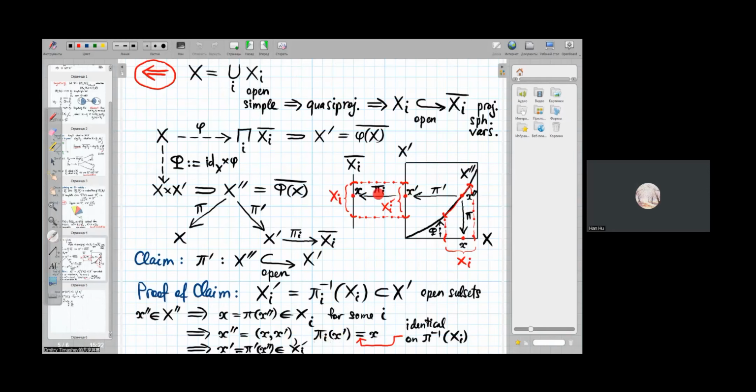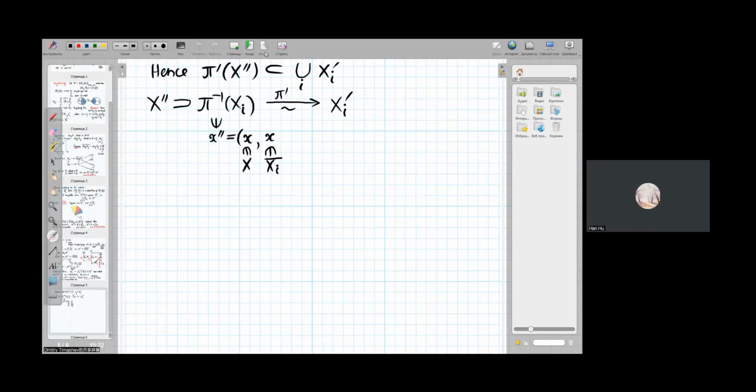So we have x prime and we take this ith projection and we get still the same point x. And of course we have other components, which I just denote by some dots. For instance, some point xj belonging to xj bar for some j, and so on.